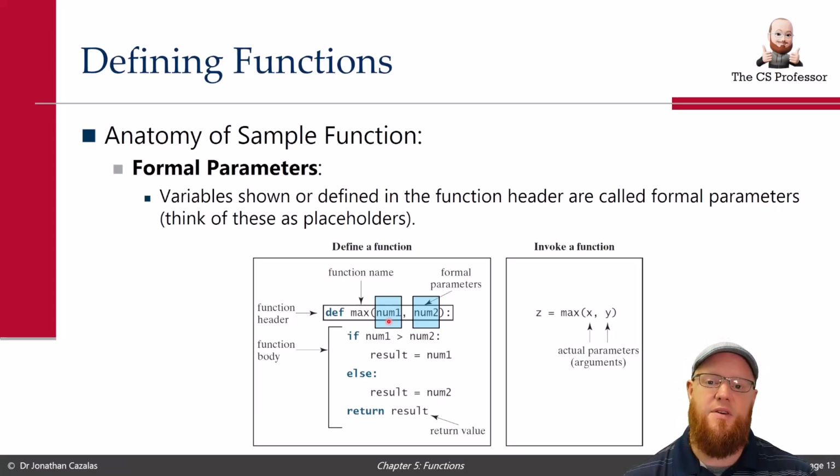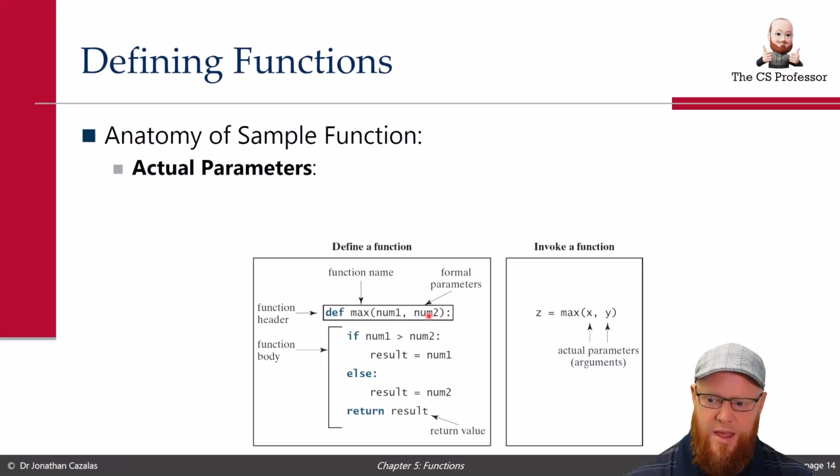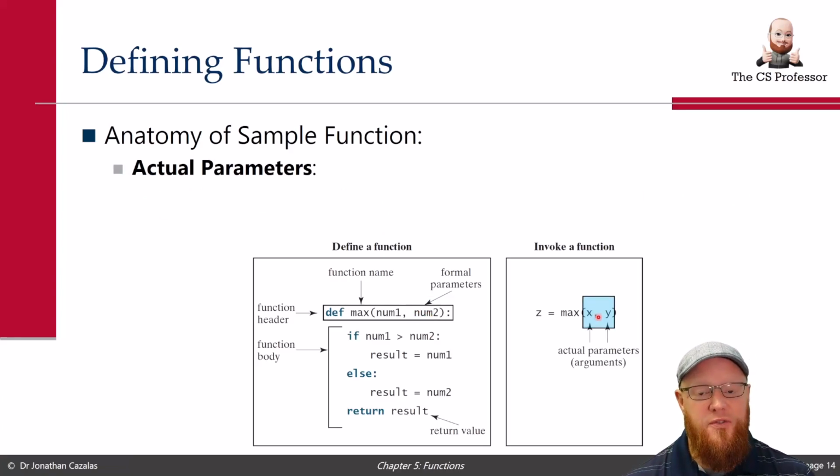When you send a value to that function, that value will then be saved inside these placeholders, and these placeholders are called the formal parameters. The actual parameters are the actual values that are going to be used when we call the function, when we invoke the function, and more details will come on what that means.